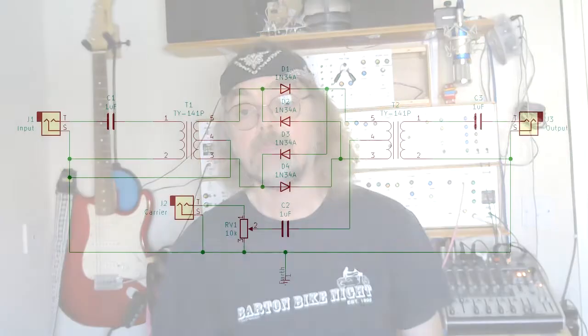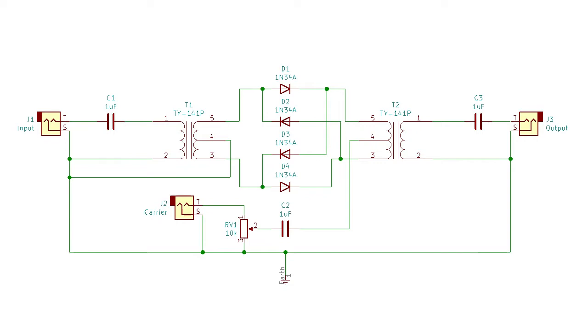Well, what I've done is take that basic design and make some slight modifications so that it'll work with the Project 12 synth. My circuit looks like this. There you can see the two transformers. I've used TY141P transformers.